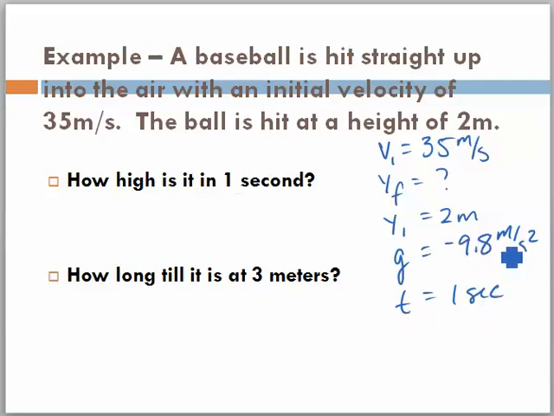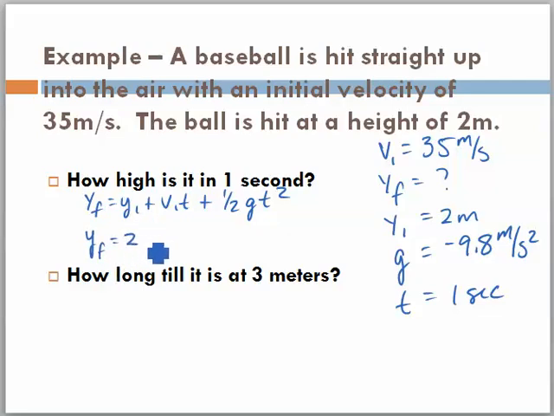So, let's use our equation. yf equals yi plus vit plus 1/2 gt squared. I want to find how high it is, so that's my yf. Its initial height is 2. Its initial speed is 35 meters per second.